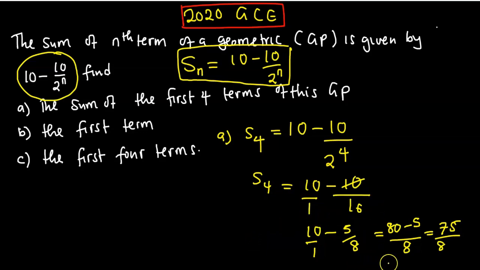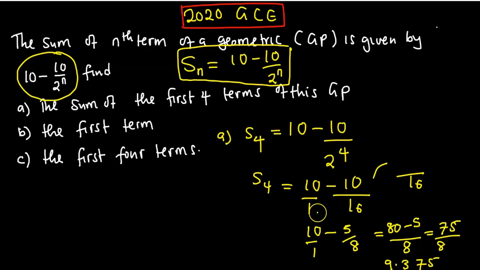So it's giving me 9.375. But even right here, maybe without reducing this one, you go that the lowest denominator here is 16.